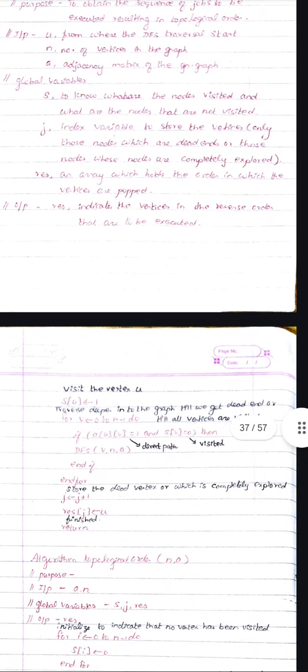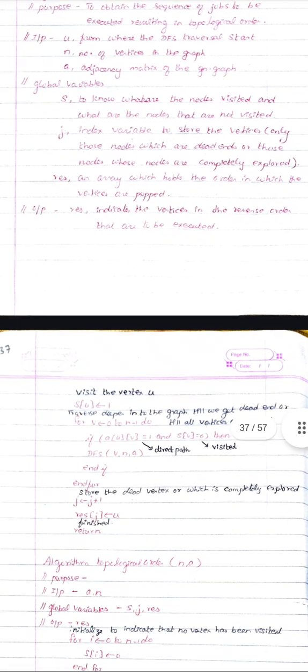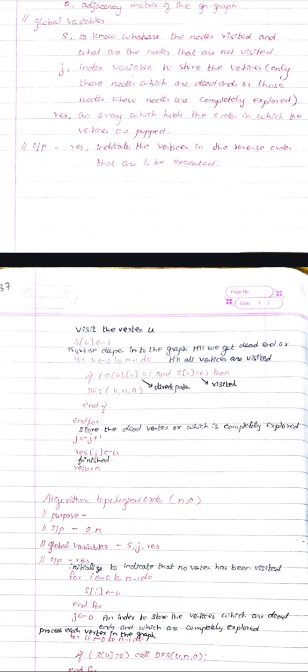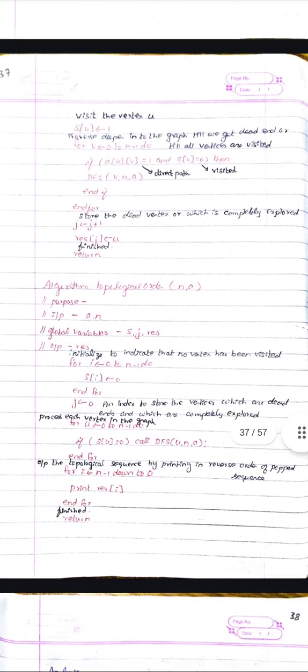And the resultant array holds the order in which the vertices are popped. So the output res indicates the vertices in reverse order that are to be executed.